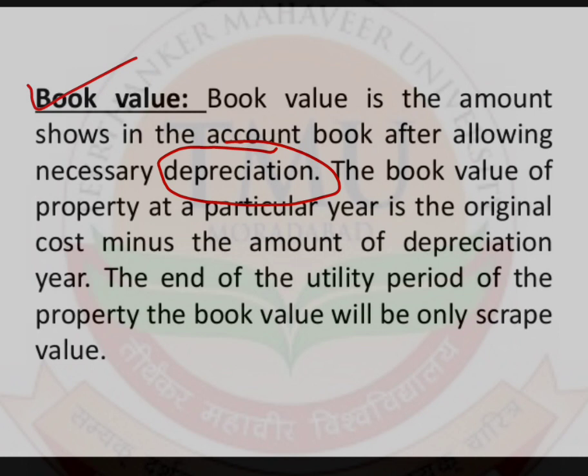When there is an increase in the value of the property, it is known as appreciation. But when the value of the property gets reduced over time, then it is known as depreciation. So book value is the amount shown in the account book, but after allowing necessary depreciation.